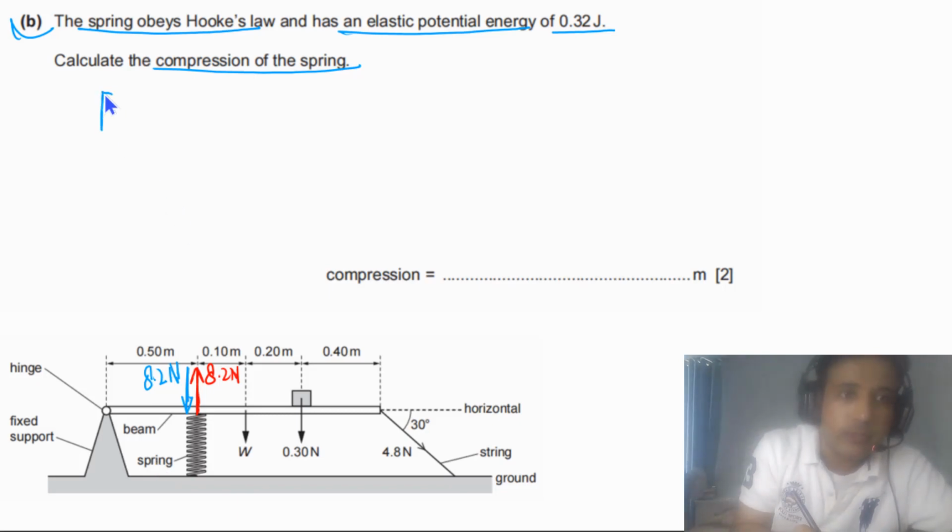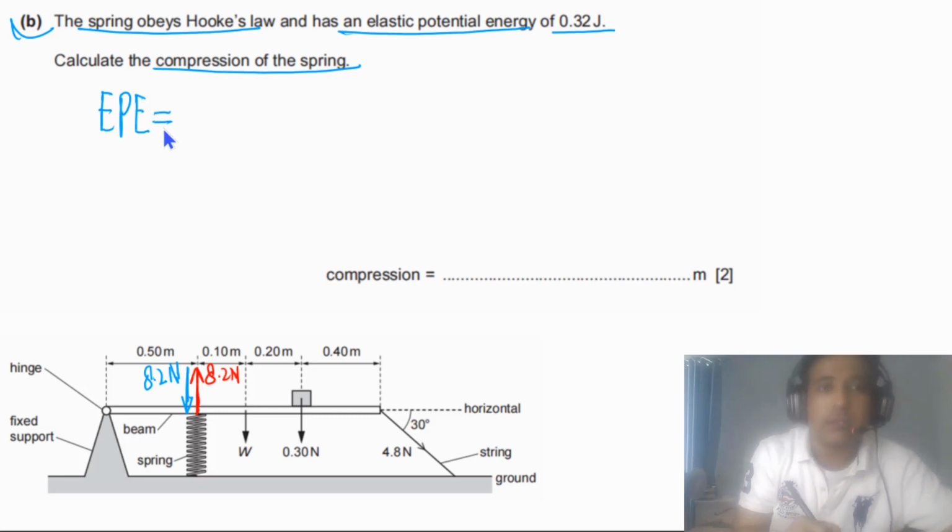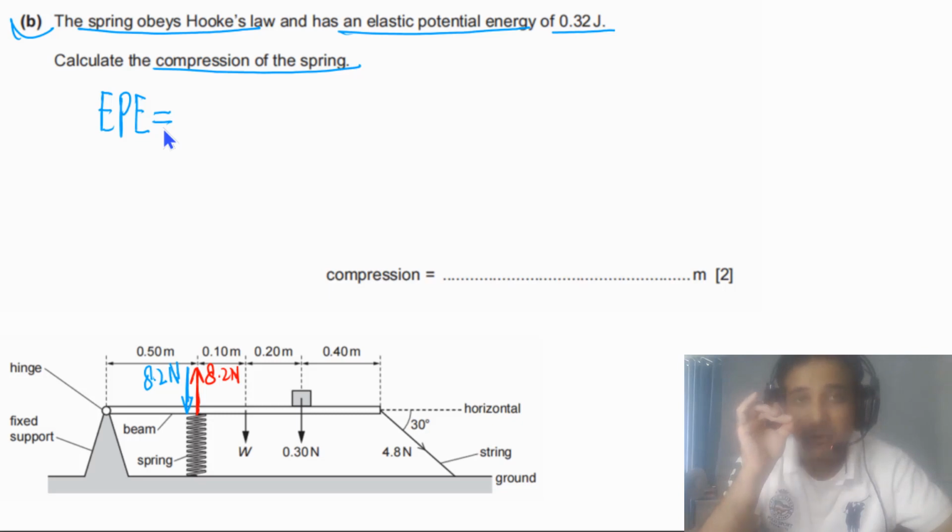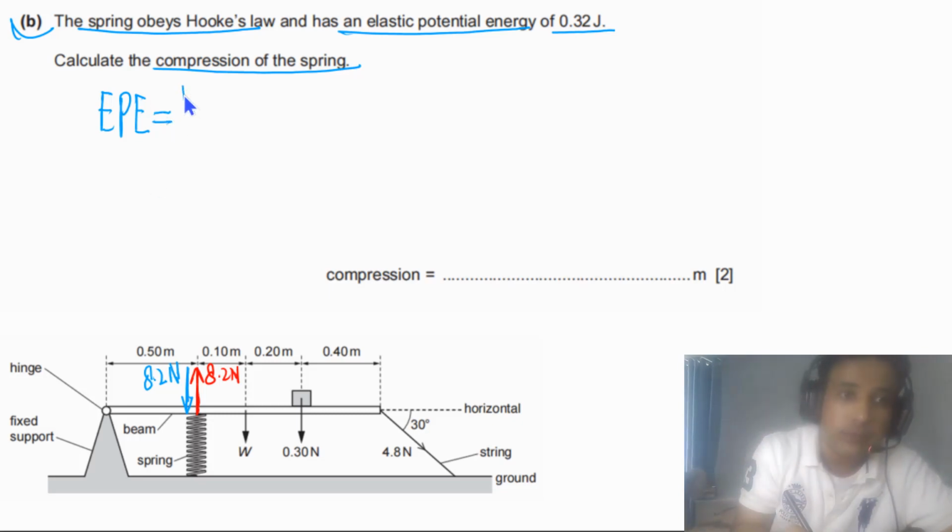And for this question we need to calculate compression, but EPE is given. The elastic potential energy of the spring in this case will be equal to the work done by the force on the spring, and this will be equal to 1/2 Fx.